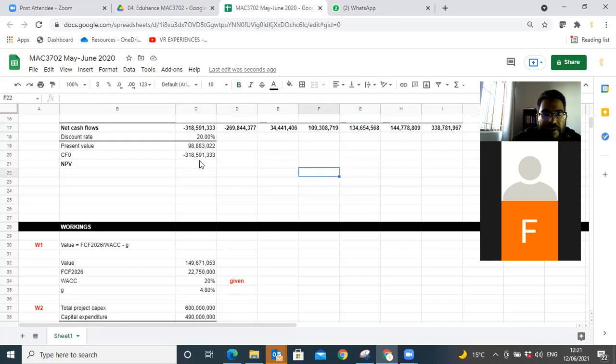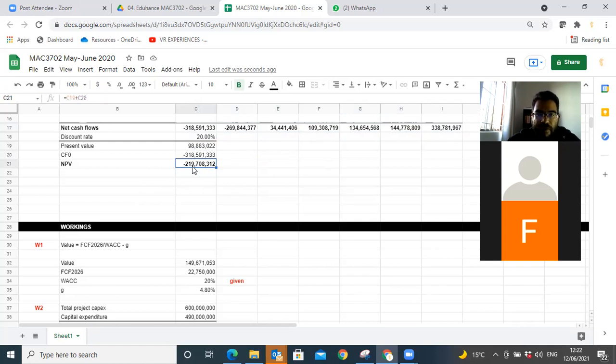That is how Excel and Google Sheets work. So to get NPV, it is going to be that plus that. Therefore, our NPV is basically negative.